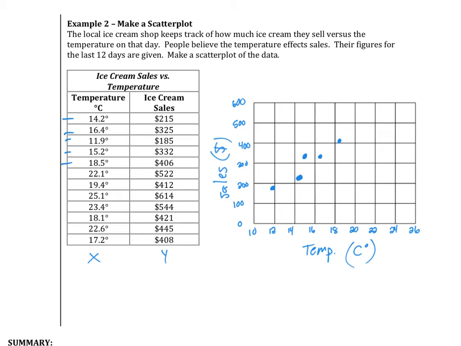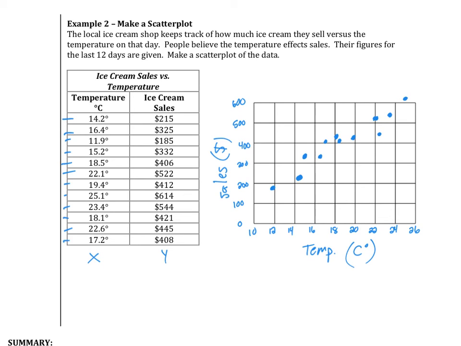Again, just a rough estimate. 22.1 and 522. 19.4 and 412. 25.1 and 614, which is just above here. 23.4 and 544, right about there. 18.1, 421. 22.6, 445. And 17.2, 408.